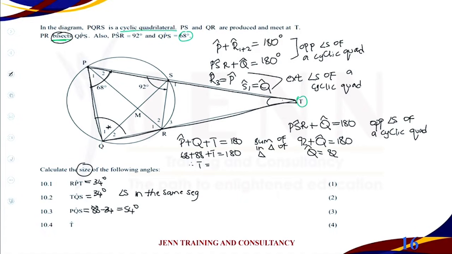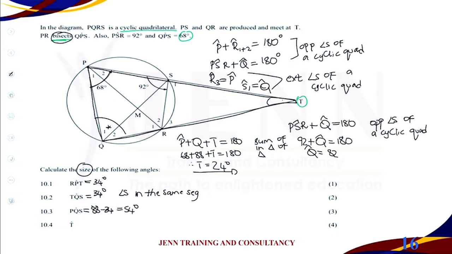So the size of angle T will be 24 degrees. That is why I still maintain that please do understand how to make use of your toolbox, because even triangle information is part of your toolbox.